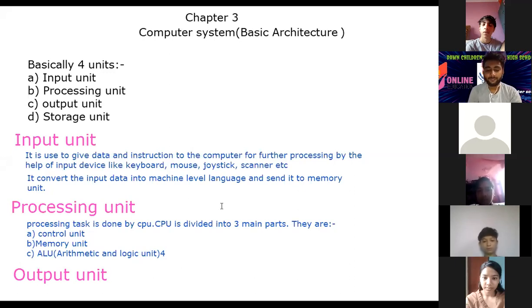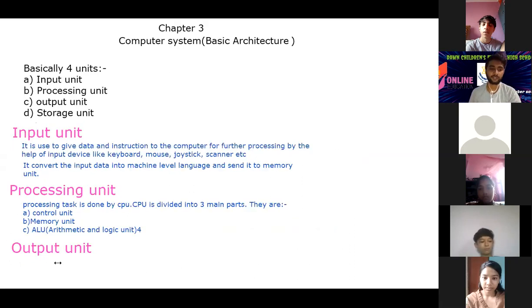It is a device which gives the result of processed data. Who gives the result of the data that has been processed? The output device gives it. And we all know that output is meaningful. Output is meaningful, data is meaningless, but this output is meaningful. Okay, and this result is provided by the output device in human understandable form.